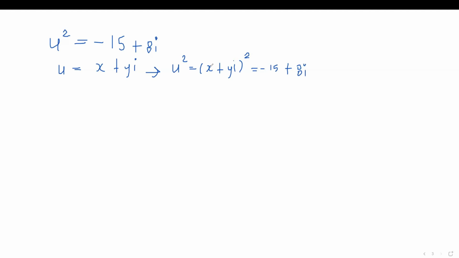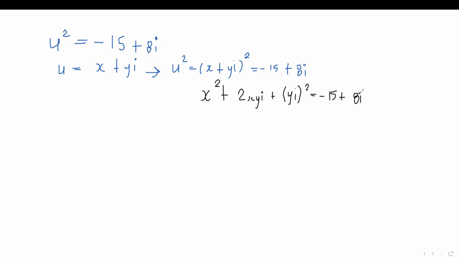And remember, when you expand, it's the first term squared, x squared, plus twice the product of the two, 2x yi, plus the second term squared, yi all squared, and that's going to be equal to negative 15 plus 8i. This is what we have.